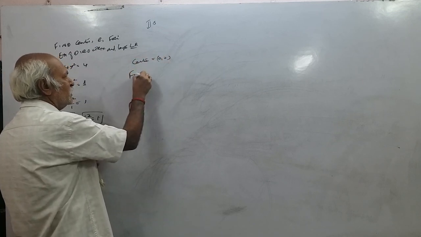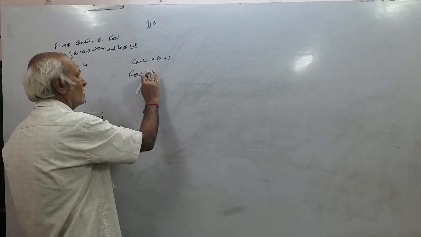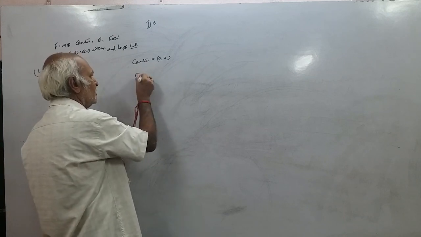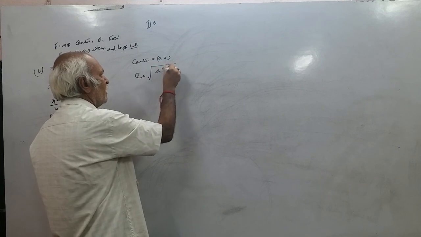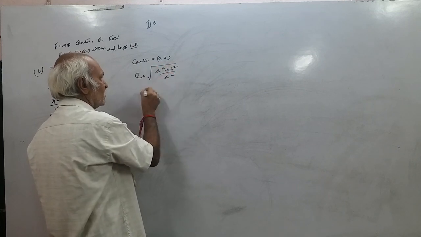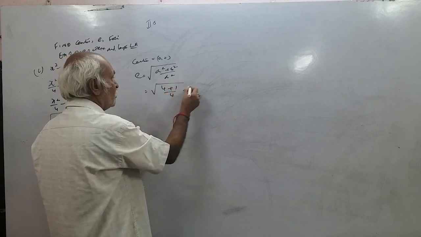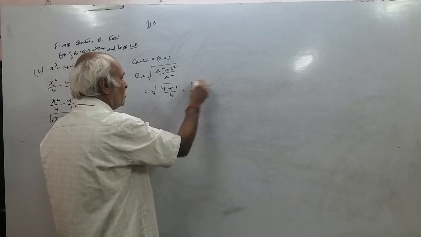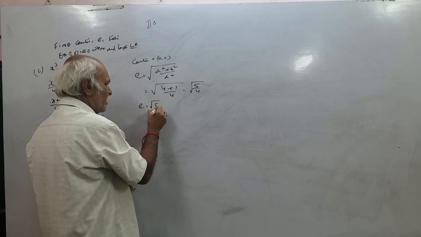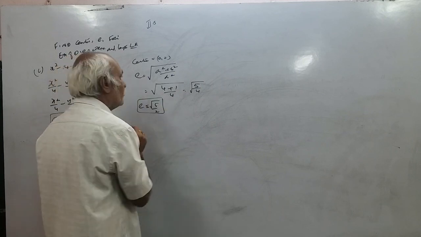What is the foci? First, the e formula. e is equal to root of a square plus b square by a square. What is a square? 4 plus 1 by 4, which is nothing but 5 by 4 under root. So e is equal to root 5 by 2. We got the e value.